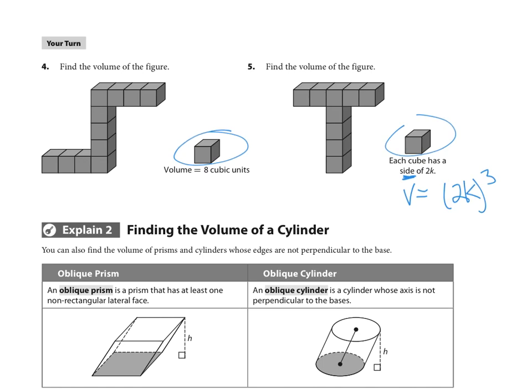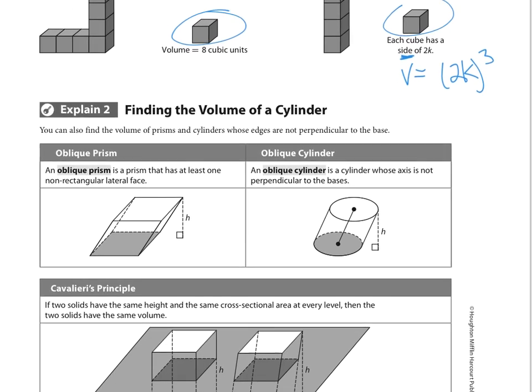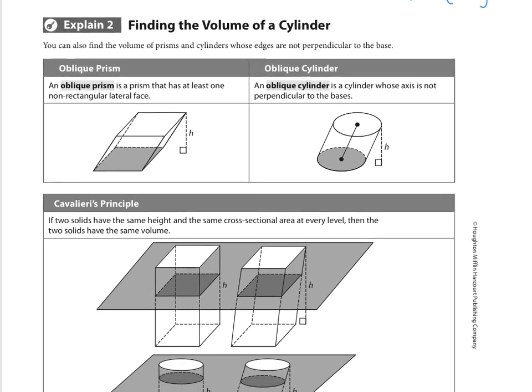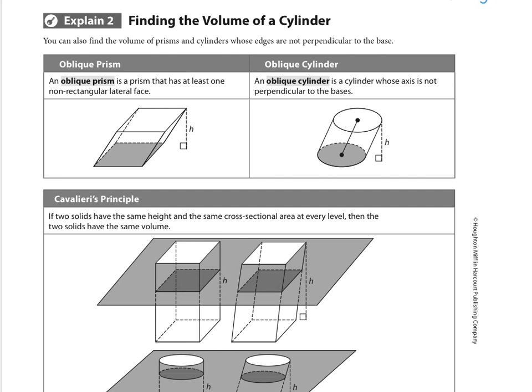But in Explain 2, we're going to be moving on to find not just the volume of a prism, but the volume of a cylinder. So we're using the same exact idea. In Explain 2, in these first couple diagrams, you can see a new vocabulary word, oblique. If you have an oblique prism or an oblique cylinder, it has at least one non-rectangular lateral face.